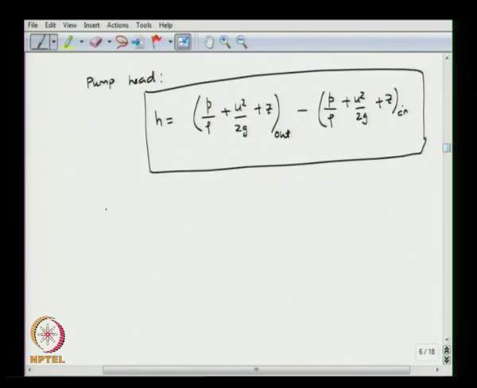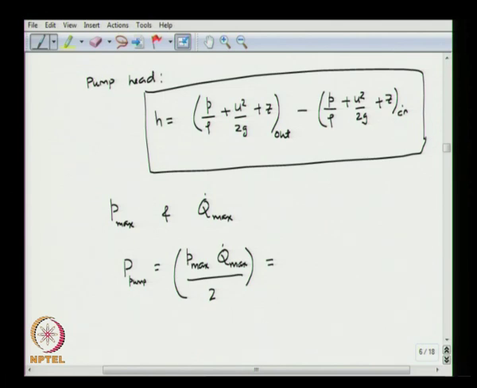Now, if the maximum pressure is P max and the maximum flow rate is Q max, you can write down the expression for the power consumed. The power for the pump is P max into Q max dot, where Q dot is the flow rate, divided by 2. And if you know the maximum head instead of pressure, then you can write rho g H max into Q max divided by 2.